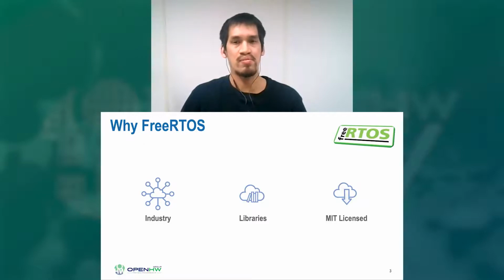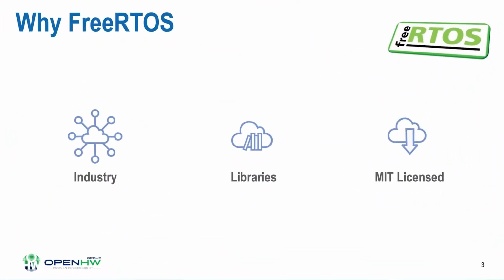There are various libraries that address your IoT needs, such as generic IoT libraries, MQTT libraries, HTTP, TCP, POSIX-like IO extensions, and a command line interface. Finally, FreeRTOS is liberally licensed. The kernel is MIT licensed, and our contributions from the OpenHW Group are Apache licensed.